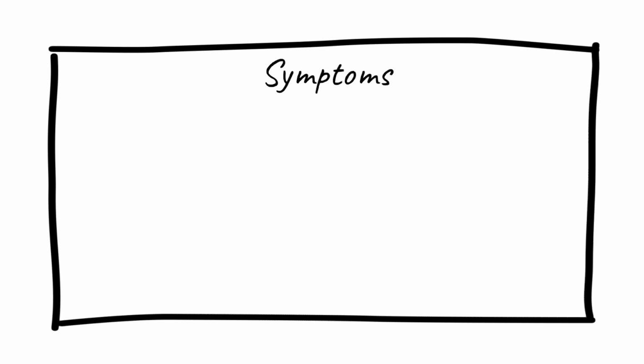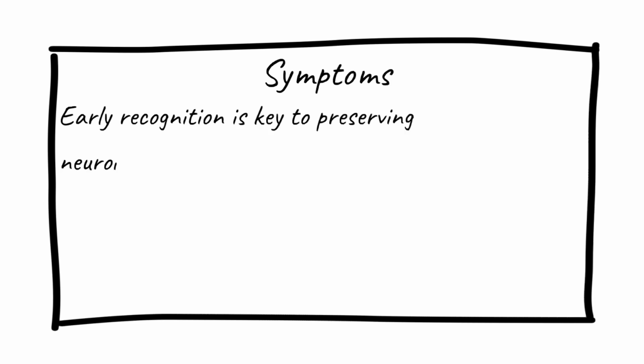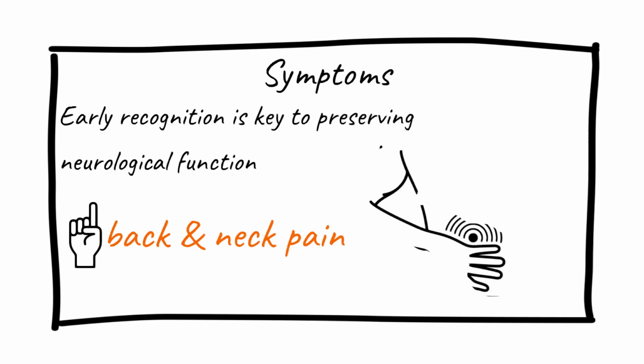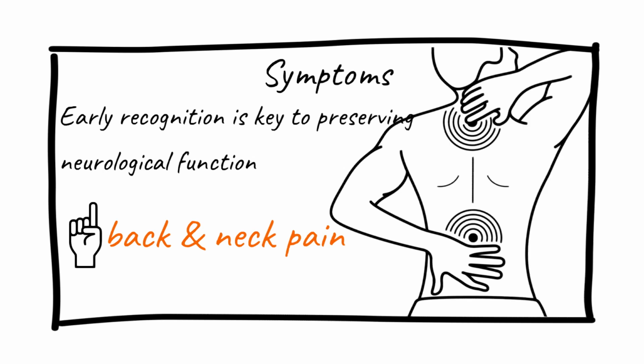Clinical suspicion and diagnosis are the most important, since early recognition is key to preserving neurological function. Back or neck pain are often the first sign and occur in 95% of cases.